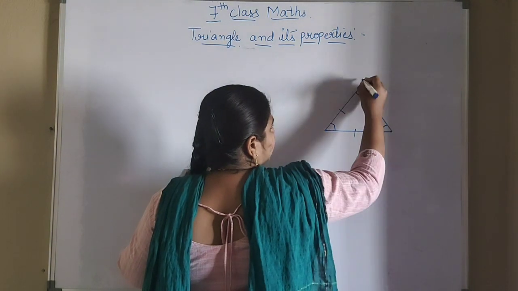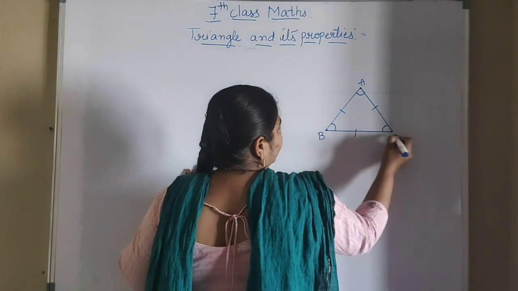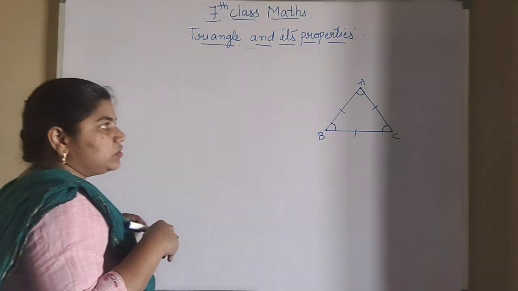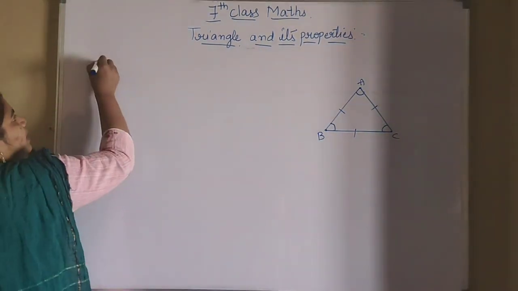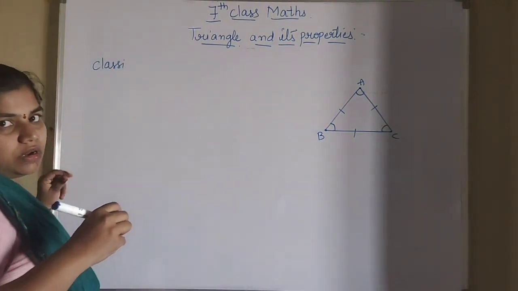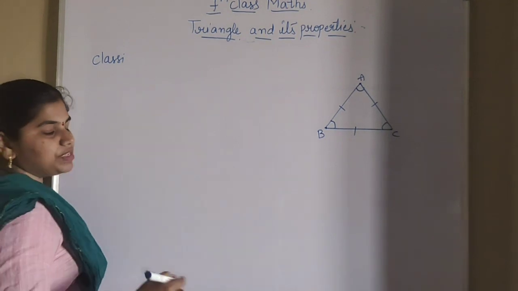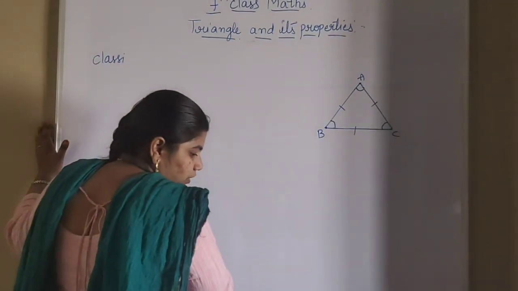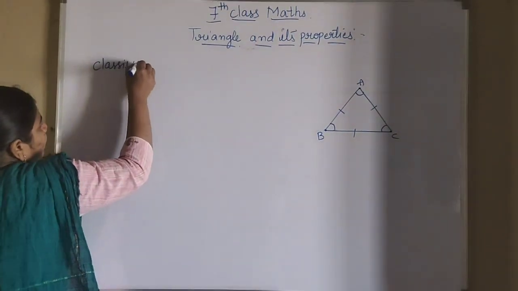So, already we have learned about this triangle in last class, and also we have learned about classification of triangles, into how many different types a triangle has been divided. So that is what classification of triangles.